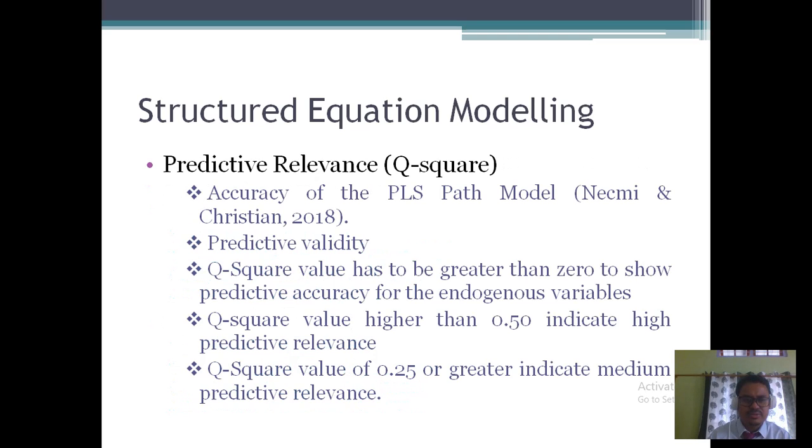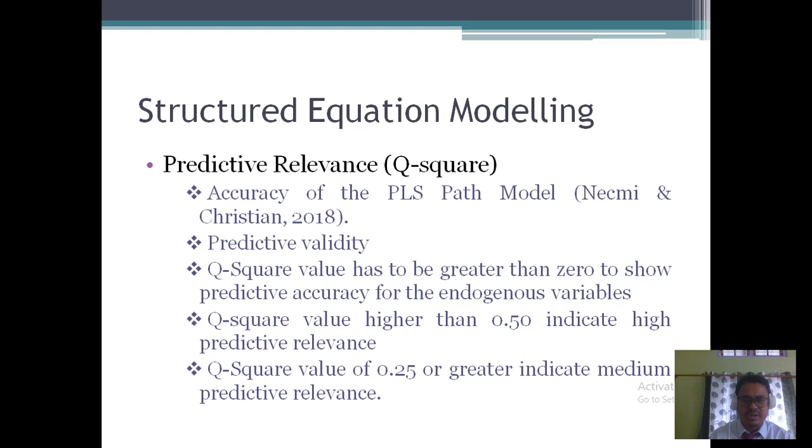The third measure is to examine the predictive relevance, that is also known as Q square. Predictive relevance or Q square measures the accuracy of the PLS path model. It also establishes the predictive validity of the structured model. As per rule of law, Q square value has to be greater than 0 to show predictive accuracy for the endogenous variables.